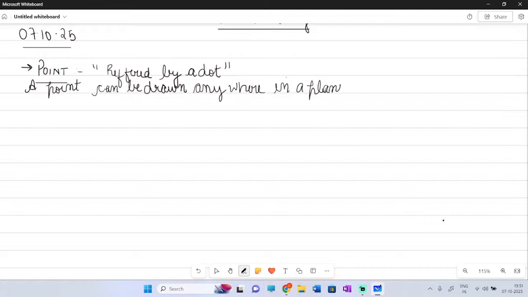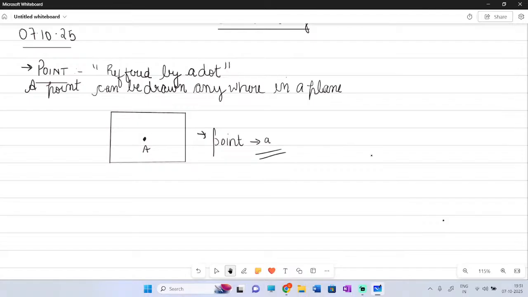So how do you write a point? So I'm going to just create a drawing space here. Just imagine this is a plane, and this is known as point A. Depicts point A.